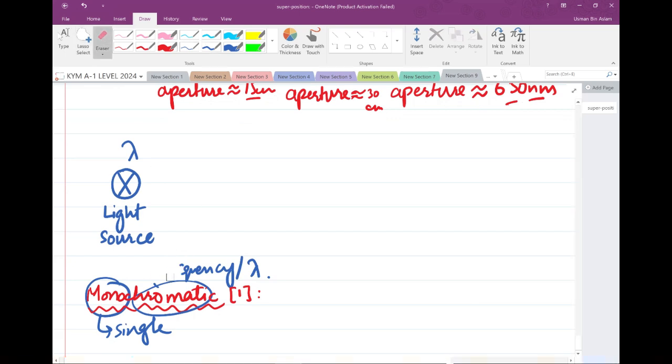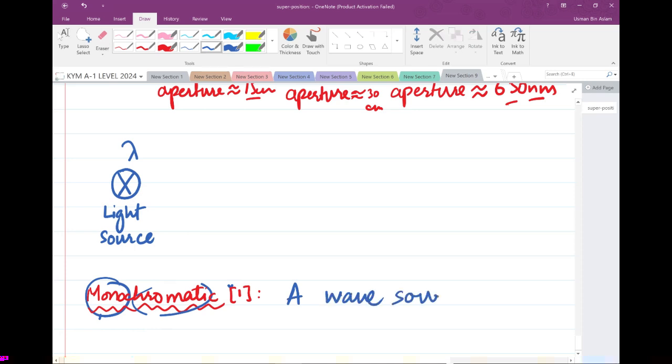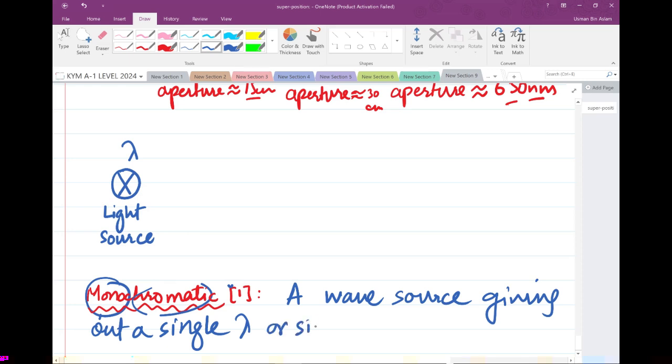I'm going to define it for you. Monochromatic would mean a light source or a wave source giving out a single wavelength or single frequency.